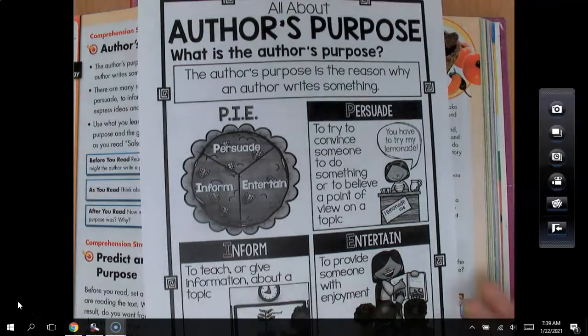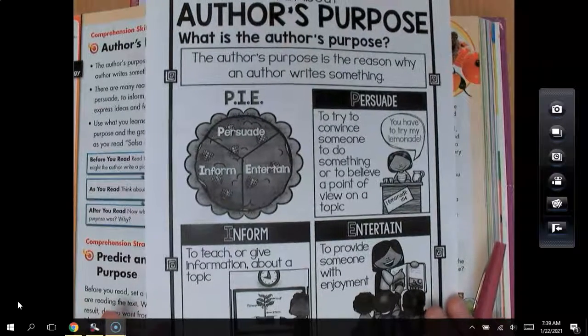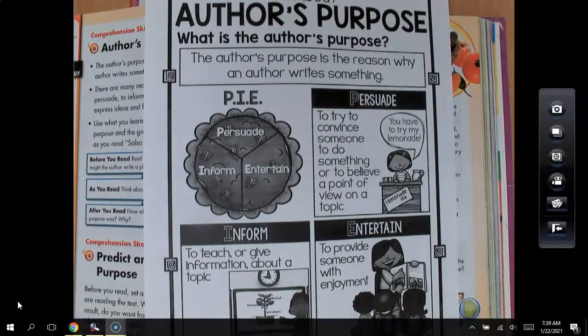When I think of inform, inform means it's going to give us information, okay? It's going to give us true facts about something. It's going to teach us, it's going to give us information about a specific topic. If I think about our story we've already read called Penguin Chick, the author wrote that story to inform us.